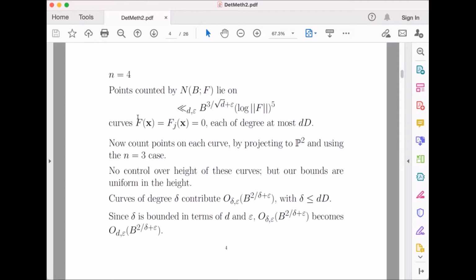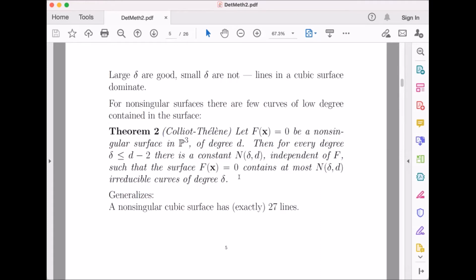It could break up into lots of curves of small degree. So what we want to know is what we can say about the possibility that delta might be small. And we know, for example, in the case of a cubic surface, that if it's got even one line on it, that will produce an awful lot of points. So small values of delta are a matter of concern for us.